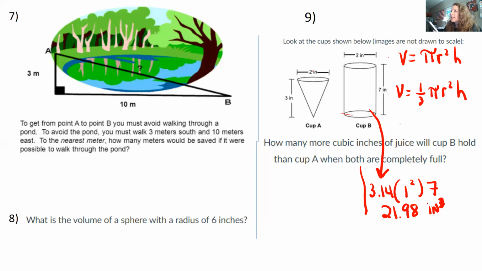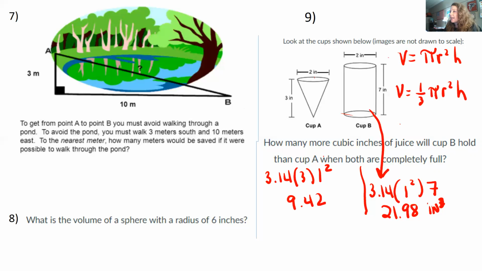So once again, the radius is 1. So 1 squared is 1. So we're going to do 3 times 3.14 times technically 1 squared. So 3.14 times 3 is 9.42.